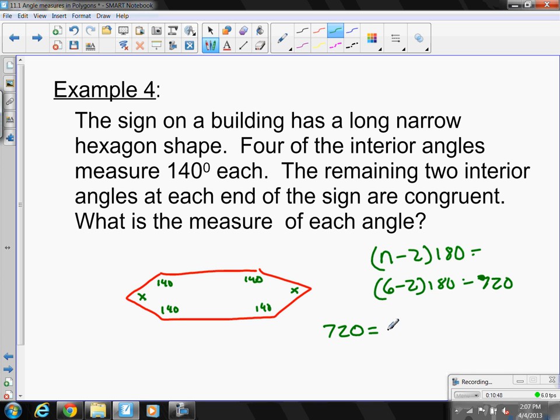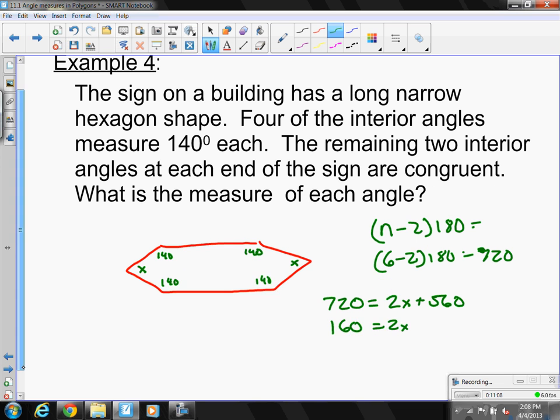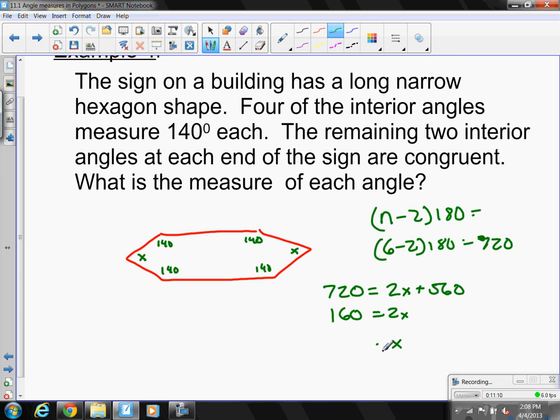So x plus x is 2x, plus 140 times 4, so there's 4 of them, 560. If I subtract 560 from both sides, I get 160 equals 2x. Divide by 2, x equals 80 degrees.